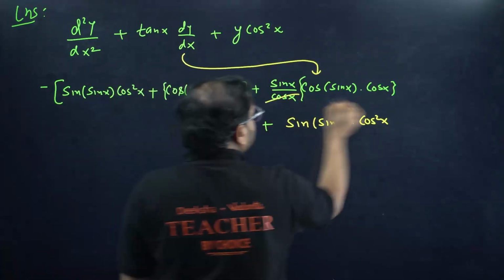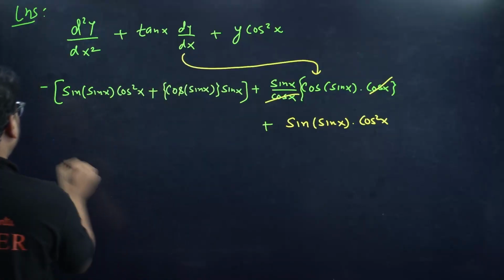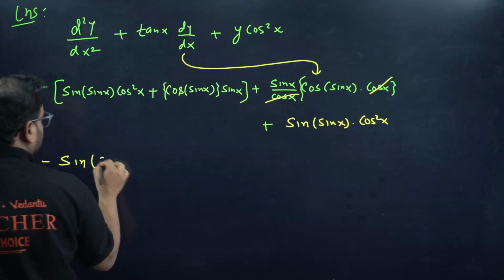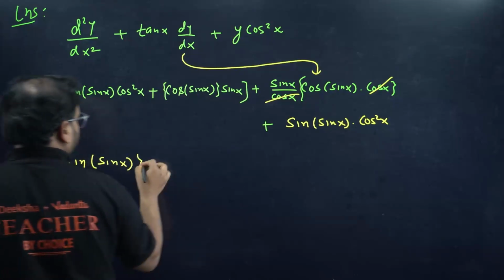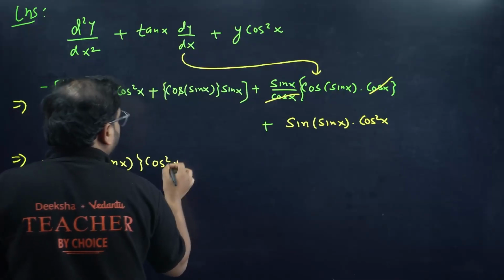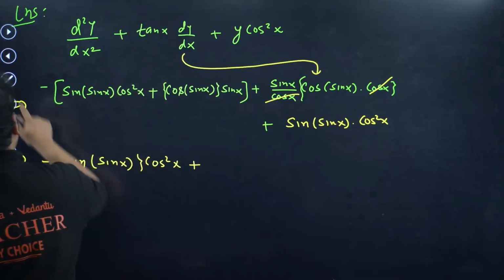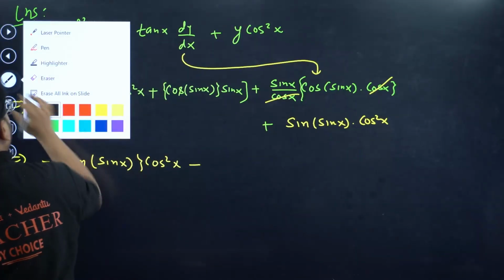This cos x and this cos x cancel. Now do the expansion. You'll have over here minus sine of sin x into cos square x. This will also be minus, because you are doing expansion right over here.